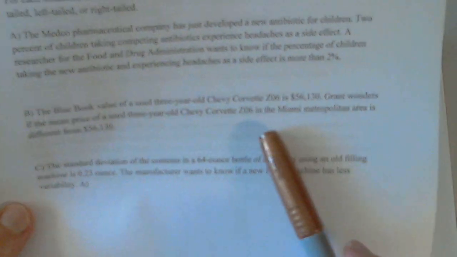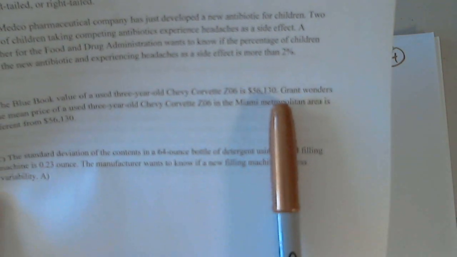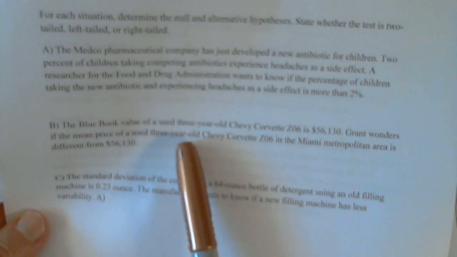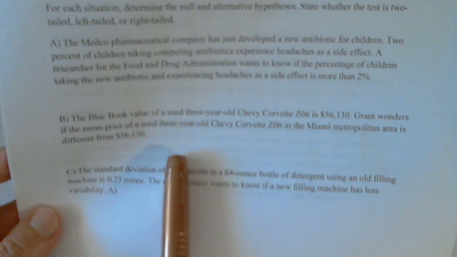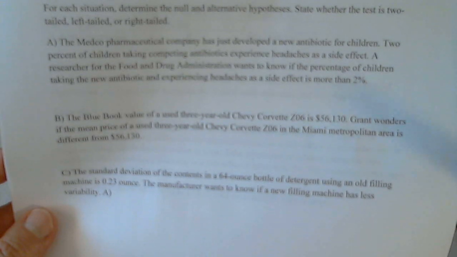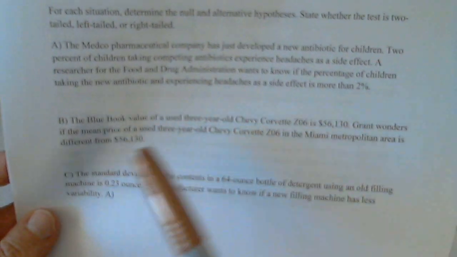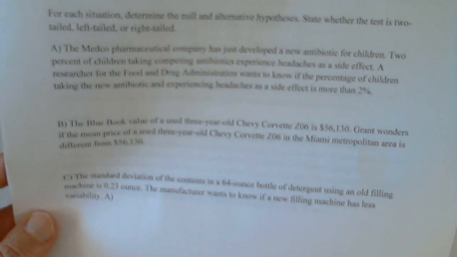One more time, the Blue Book value from the past experience is $56,130 if it's a 3-year-old. So here's the claim. Is it different? We're wondering, is the mean price of a used such and such different today? Can anyone identify the null hypothesis and the alternative hypothesis?